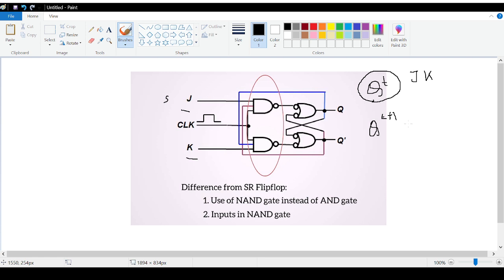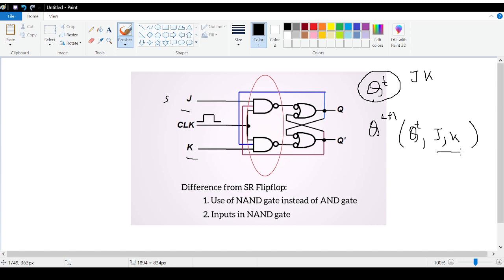If I pass 1 1 through JK, then it's important what my current value is, because my current value will be inverted. So my next value is denoted with Q(t+1), and my current or previous value is stored in Q(t). My next state will be a function of Q(t). What my next value will be depends on what's stored in my memory and what is given as my commands, which is basically my external input.